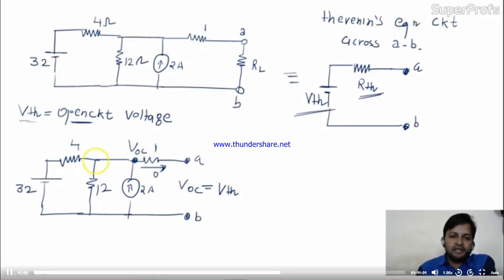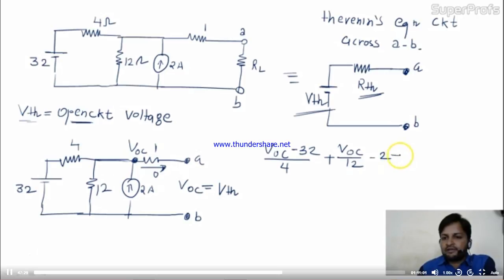Can I apply nodal analysis? Yes, these two are the same point. So (VOC minus 32) divided by 4, plus VOC divided by 12, minus 2 as the incoming current, and there is no current in this branch, equals 0. Is it okay? Now only one unknown, and that is VOC.